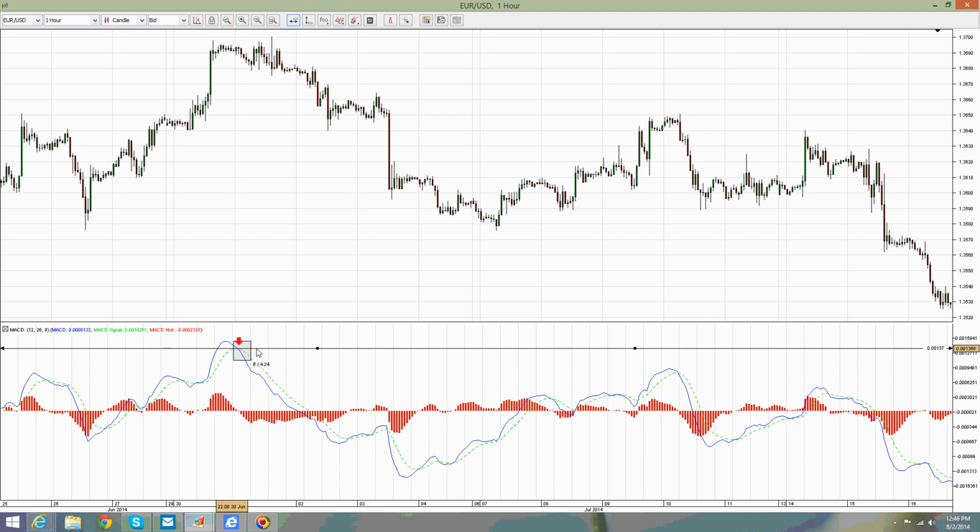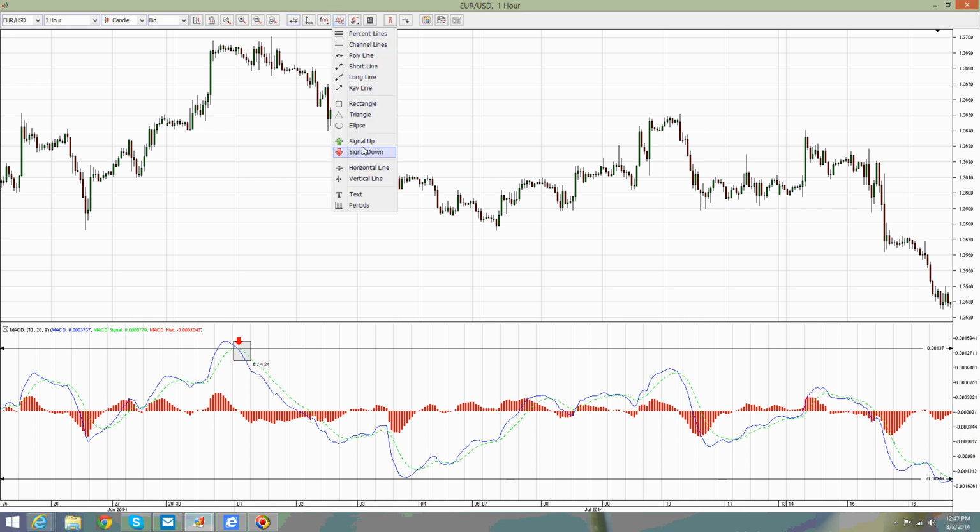You put them somewhere around here, one around here, and one around this level, and you wait for the two lines, the blue line and the green line, to cross these lines, and then look for a signal after the market comes here. So this would be a valid signal to the downside, and then the blue line almost comes here, and this would be a nice signal to the upside.